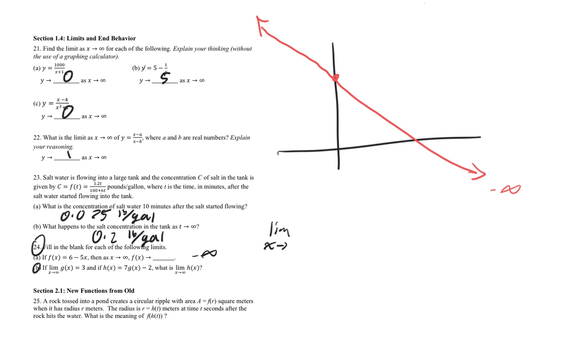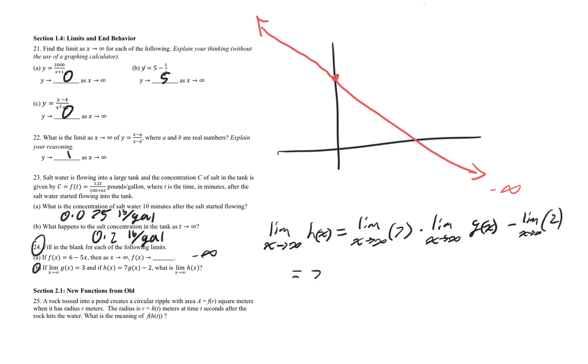Well, for that one we can evaluate term by term, which means we can view it this way: 7 times the limit as x approaches infinity of g of x, minus the limit as x approaches infinity of 2. Well, this will give us 7 times 3, since we're told that this equals 3, minus 2. It's 21 minus 2, which equals 19.